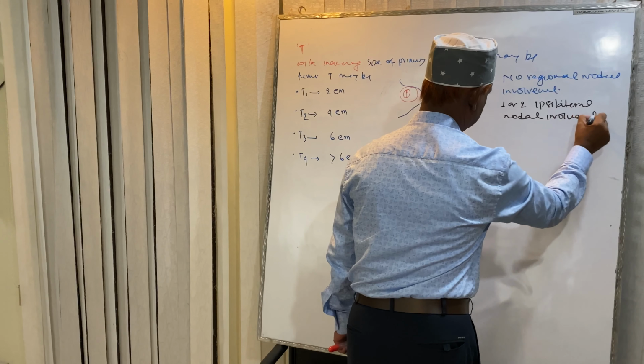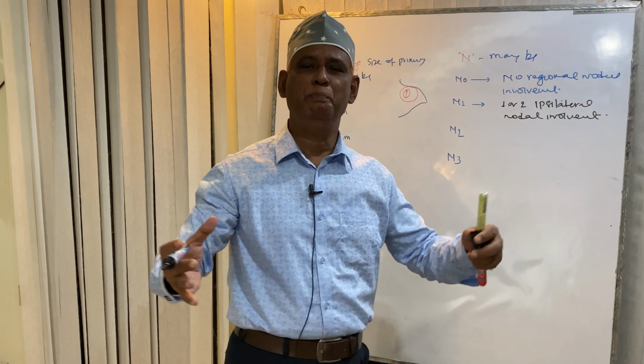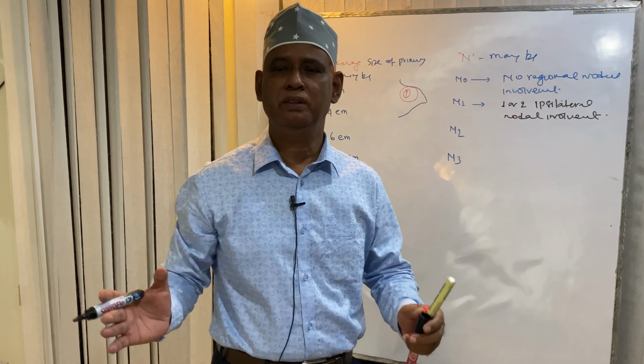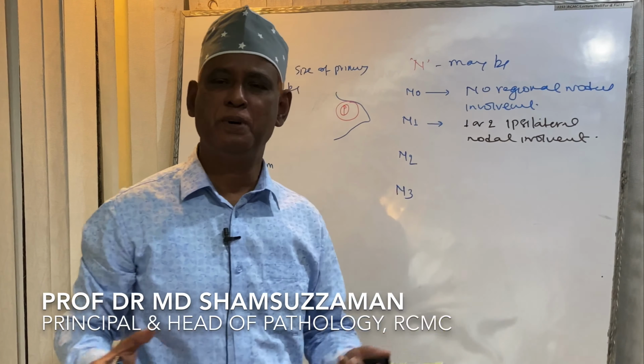That is, if a mother suffers from carcinoma breast right side, N0 means carcinoma breast is there, but in the right side or in the left side there is no nodal involvement. If mother suffers from right sided breast carcinoma, N1 means on the right side 1 or 2 nodal involvement, that is 1 or 2 ipsilateral nodal involvement.